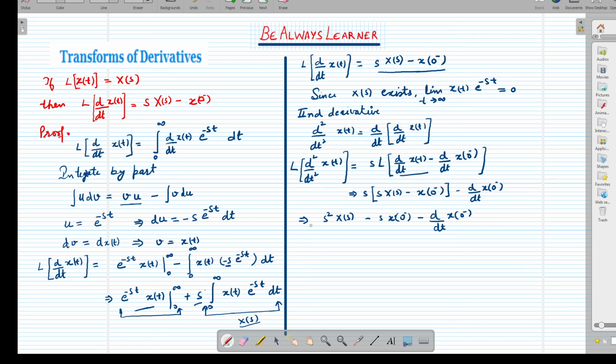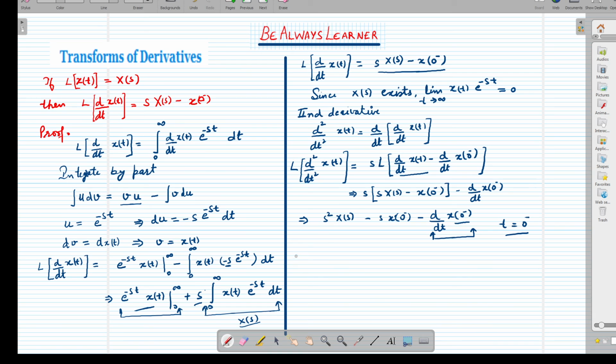So that is the Laplace transform of the double derivative term. In that, this term is extra: this quantity is the derivative of x(t) evaluated at t equal to 0 negative. We have to read it like this.